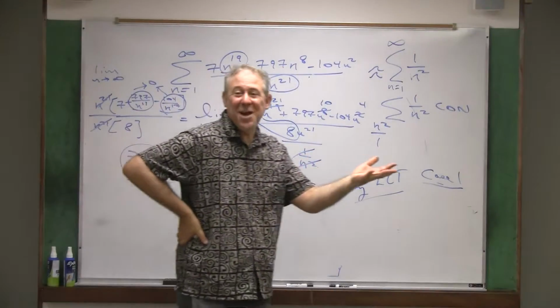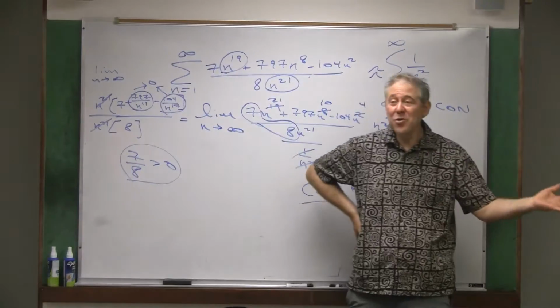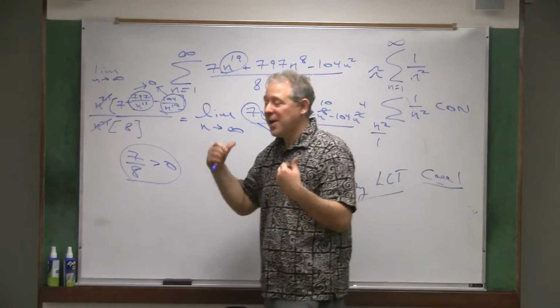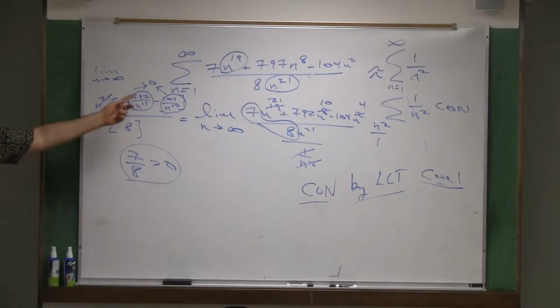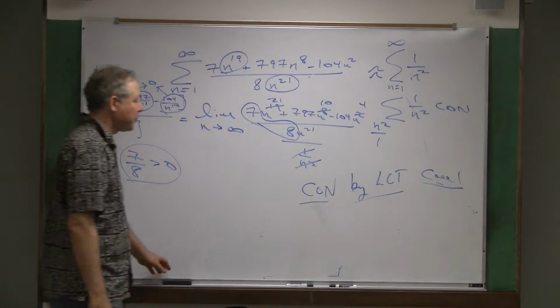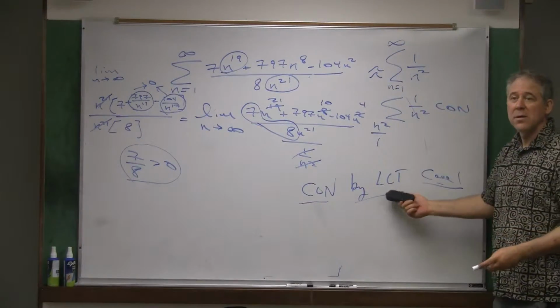So you would do a comparison test with 1 over n cubed, easy, right? But for some reason, even though we practiced this in previous years, a lot of people still didn't get it, and they did some strange stuff. So don't be like that. Be the class that gets it. Clear?